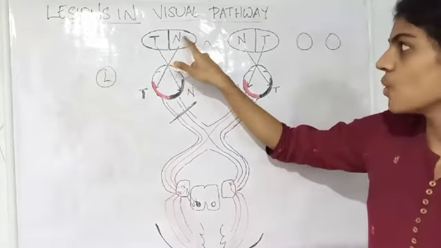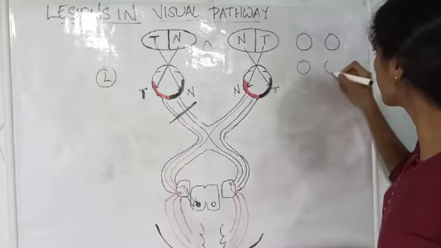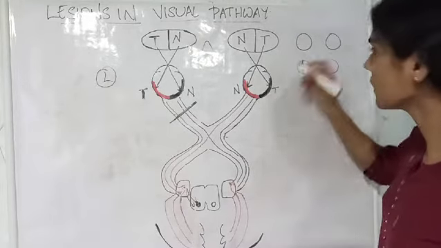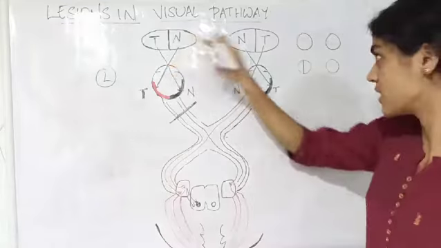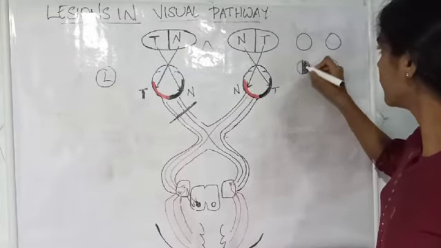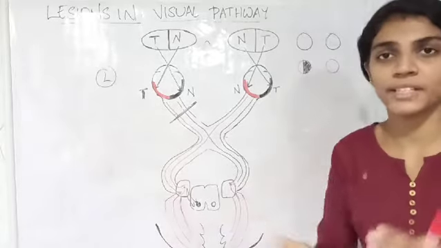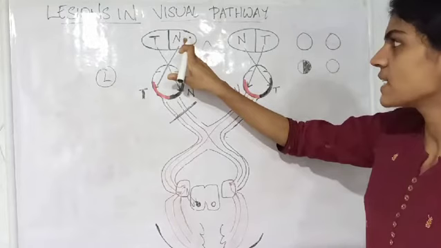So if this is your two visual fields, the nasal field of the left eye is affected. The black marked portion is the affected area. So the left eye nasal region is affected.